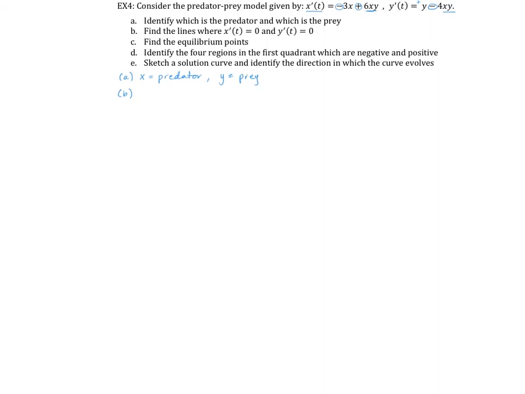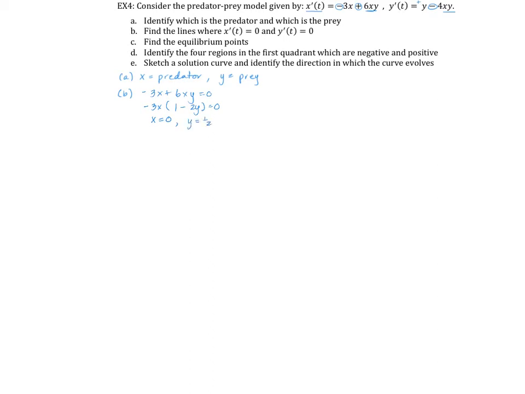If I set negative 3x plus 6xy equal to 0, and I factor out the common negative 3x, that'll give me 1 minus 2y equal to 0. This is just basic algebra, right? We have an equation set equal to 0. We're going to factor and set each factor equal to 0. Gives me x is equal to 0, y is equal to 1/2.